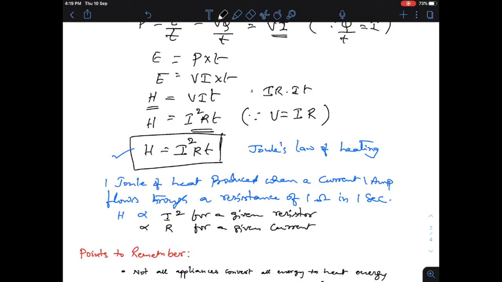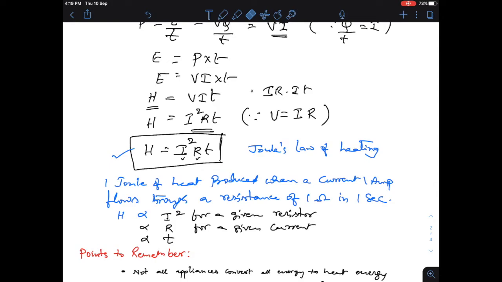So it is proportional to I square, proportional to R, and also proportional to T, the time for which the current flows through the resistor.